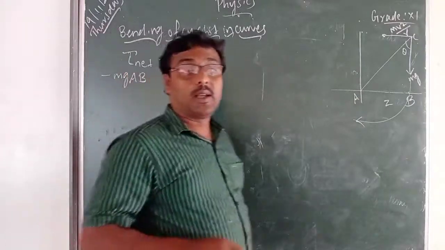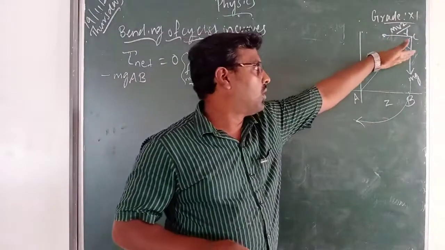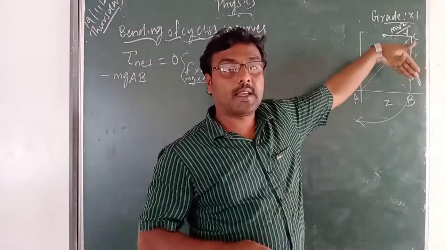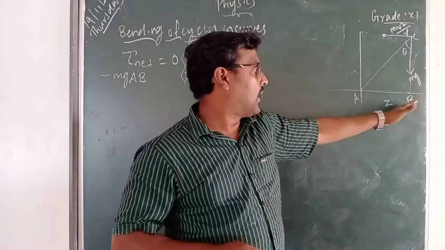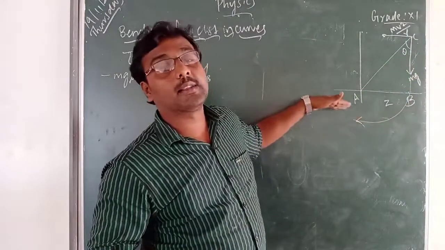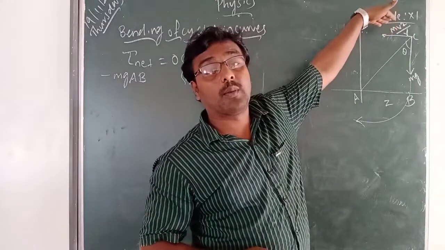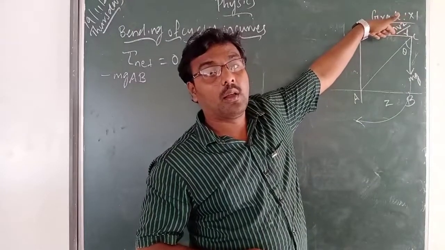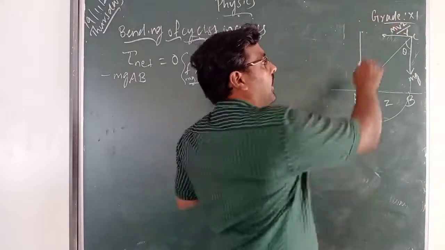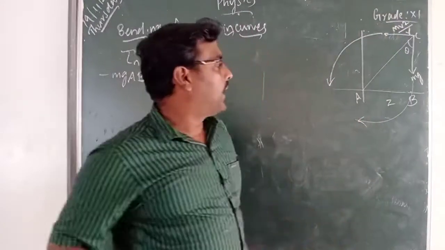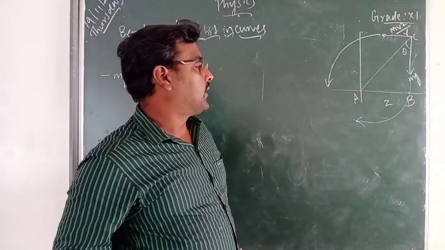The minus symbol is there because mg acts downward and the torque produced is clockwise. The other force, mv square by r, produces a torque in the anti-clockwise direction.